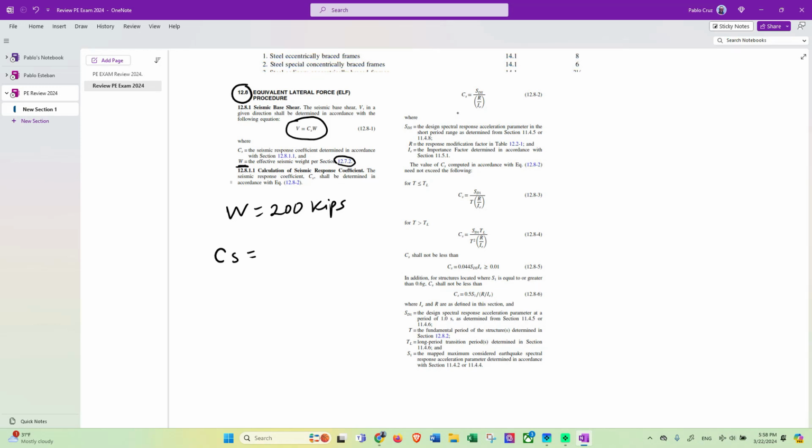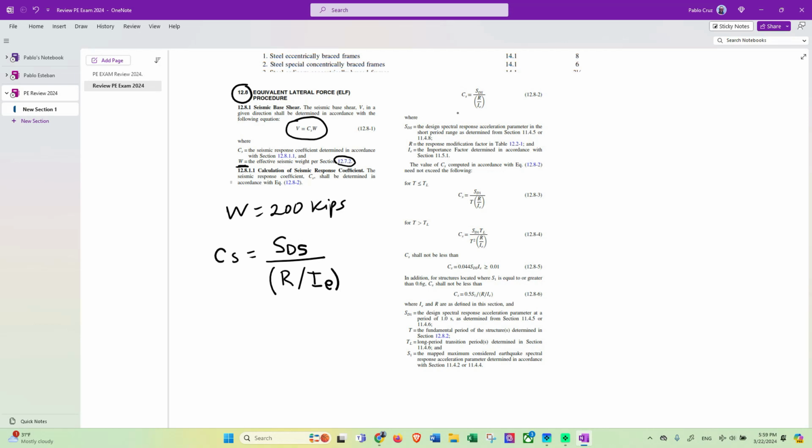Right here, for CS, we have the equation SDS divided by R, the response modification factor, divided by I. In this case, we are talking about the importance factor due to earthquake.